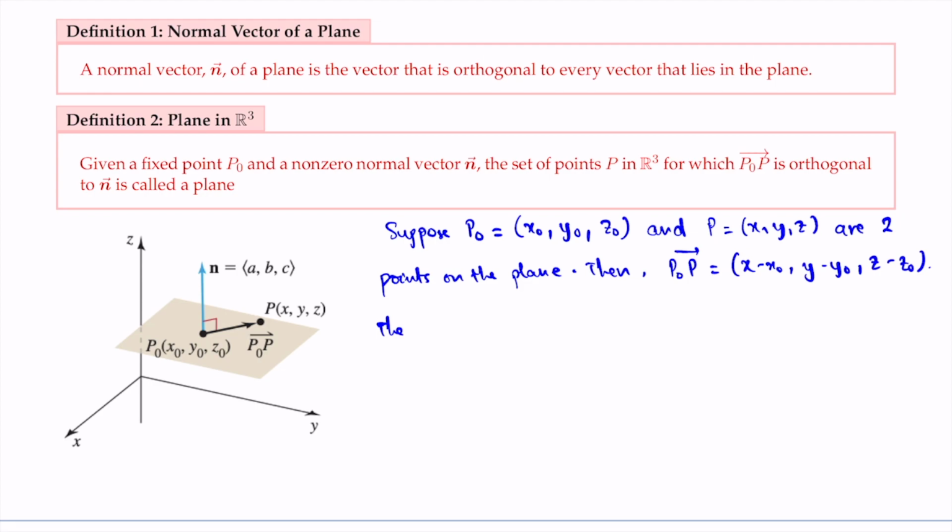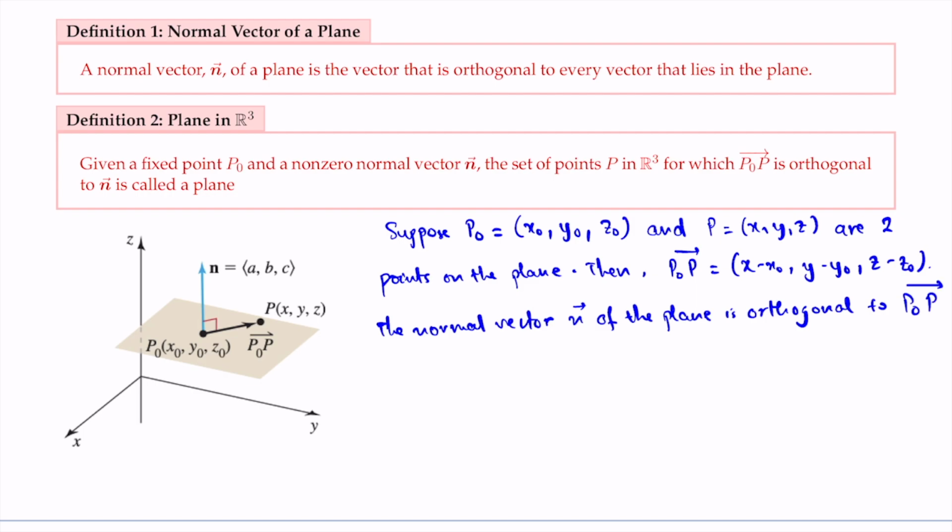So the normal vector n of the plane is orthogonal to the vector p0p.